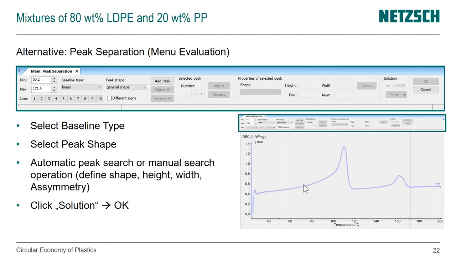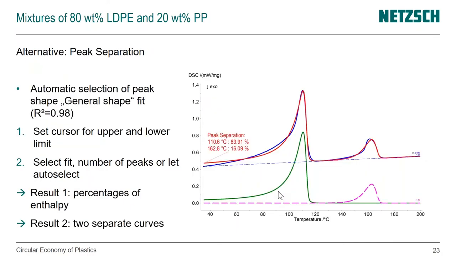And you asked about the PE melting. So PE is here, the LDPE. So we would go really far to the lower region. I can tell you exactly what we used here.